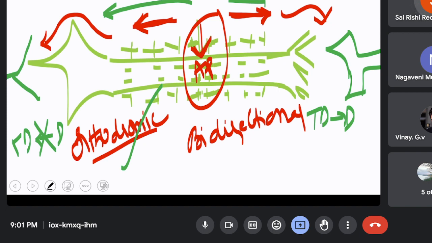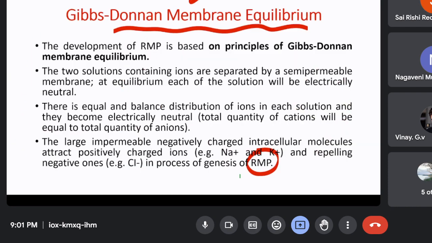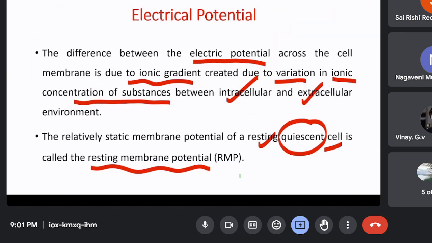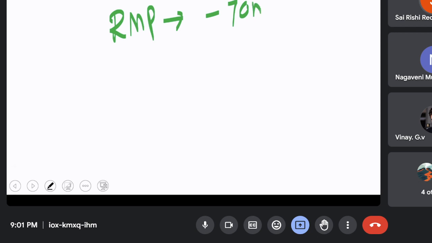Okay, done. So, the first question is, what is the value of the resting membrane potential? Minus 70.